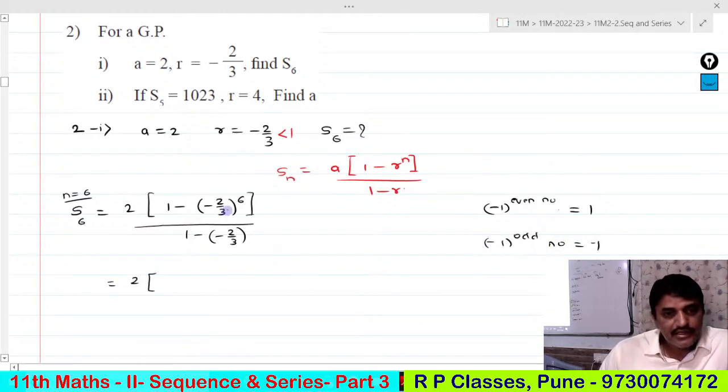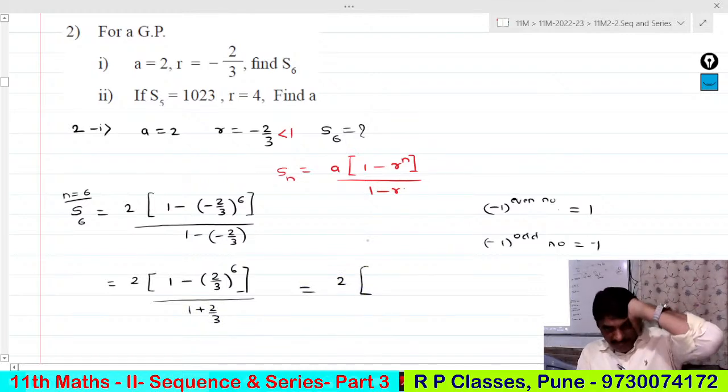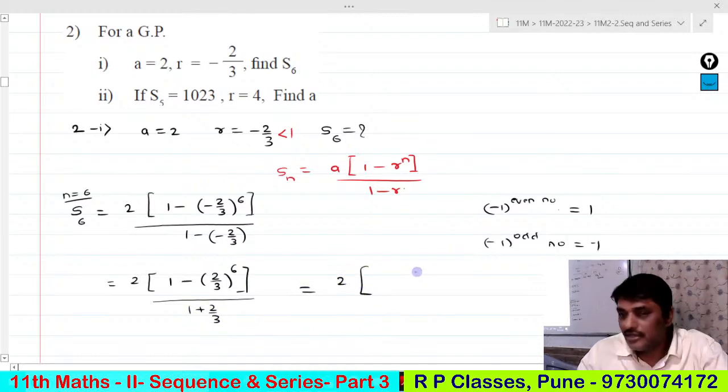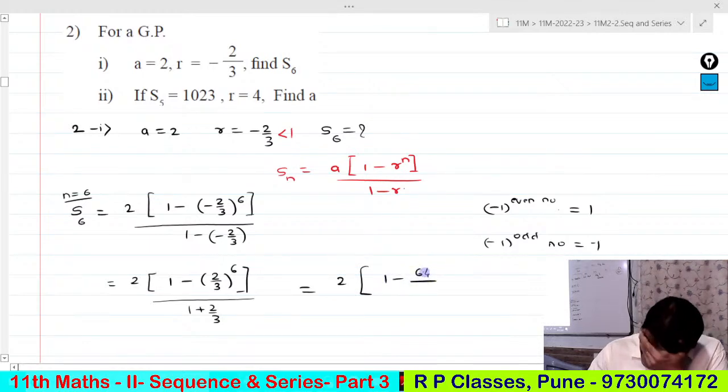What I'll do here, this is an even number, so it will be plus. So the minus outside stays as it is. 2 by 3 raised to 6, right, divided by 1 plus 2 by 3. That is equal to 2 inside the bracket. What will come, tell me? What is 2 raised to 6? Direct 64.